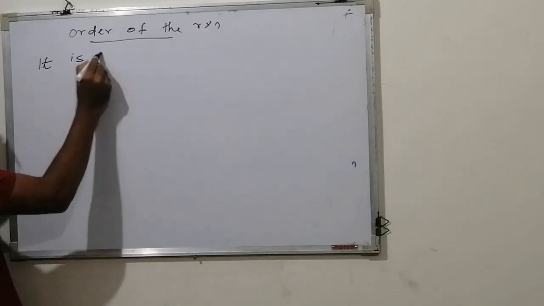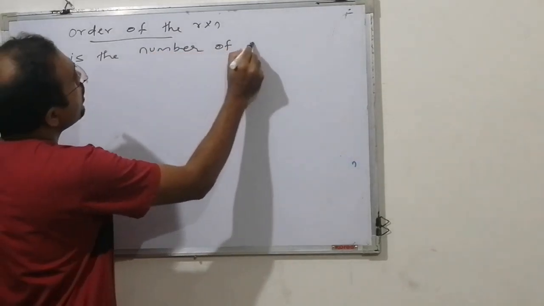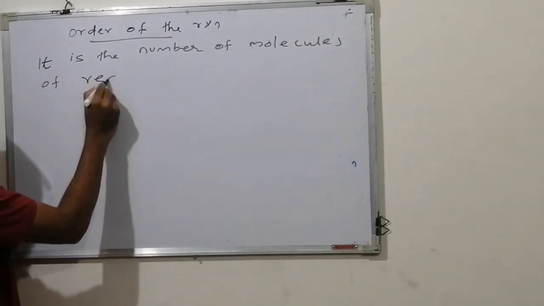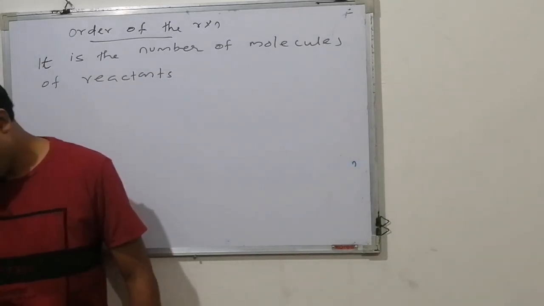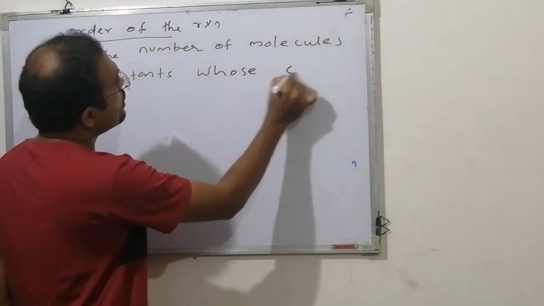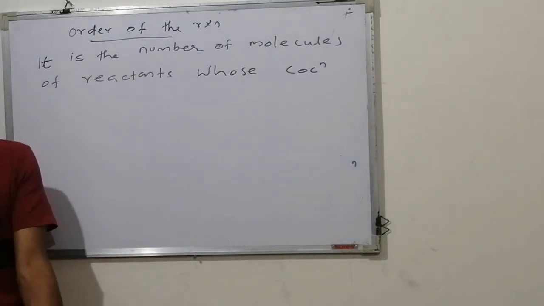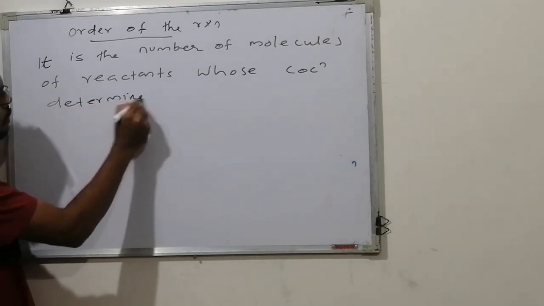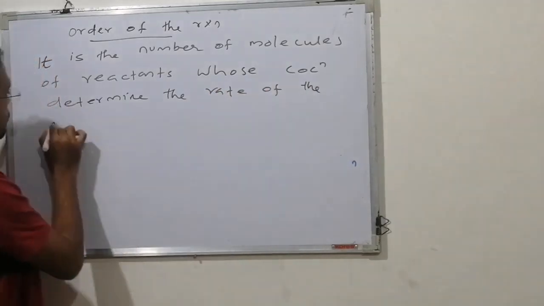It is the number of molecules of reactants whose concentration determine the rate of the reaction.